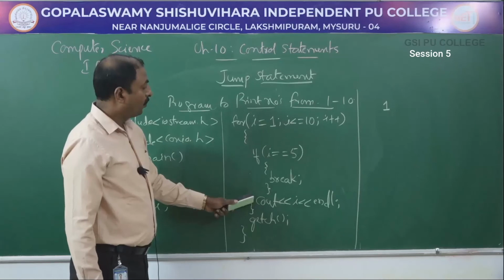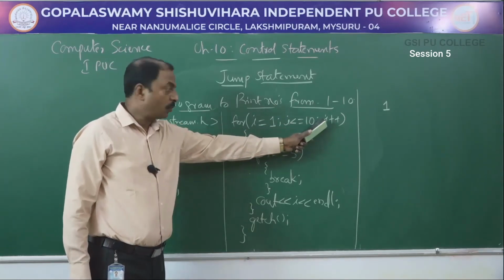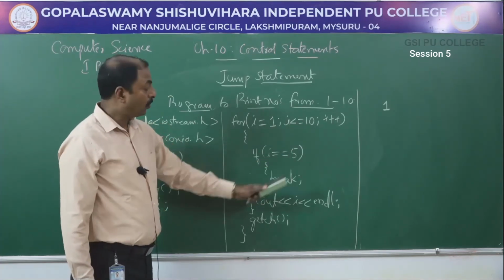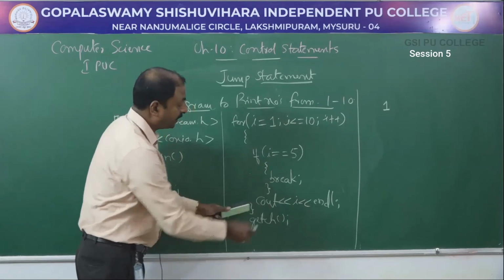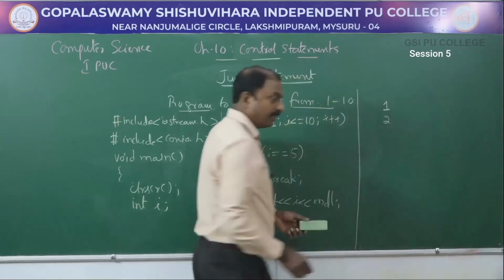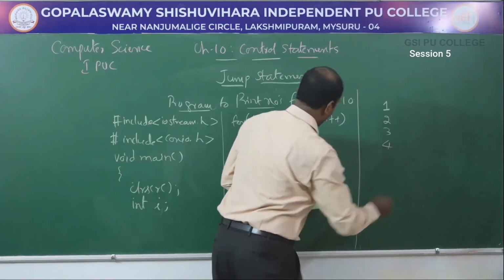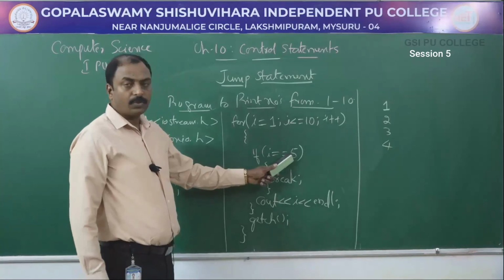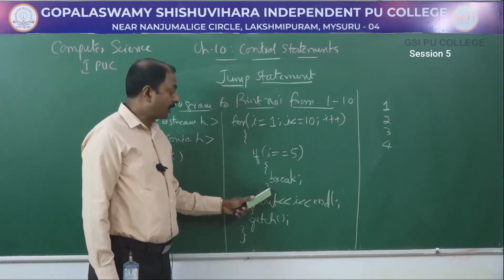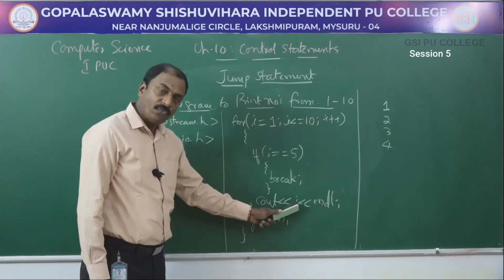Then increment the value of i by 1, it becomes 2. 2 less than 10, yes. 2 equal to 5, no. It will skip this and execute this statement. Accordingly, it's going to print 2. Similarly, it's going to print 3, 4. Because 4 is not equal to 5, it will not execute the break statement, so it is going to print the value of i as 4.